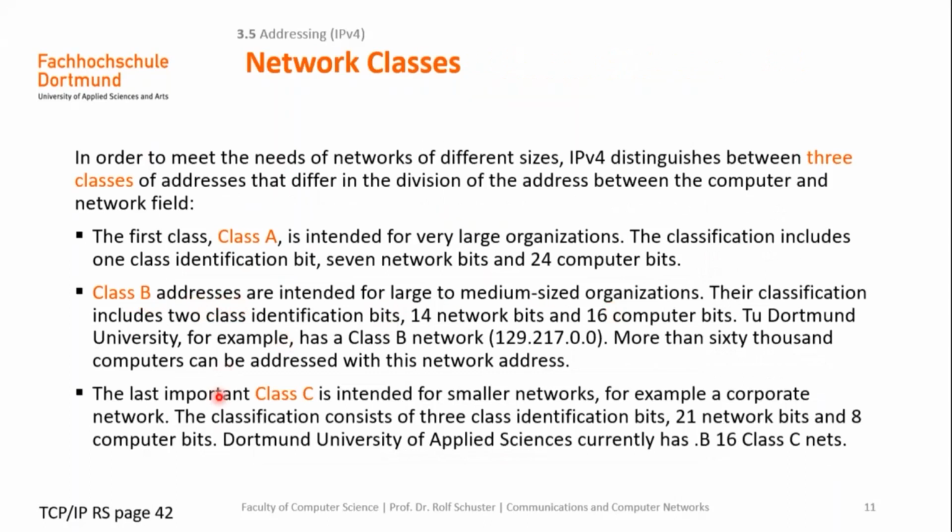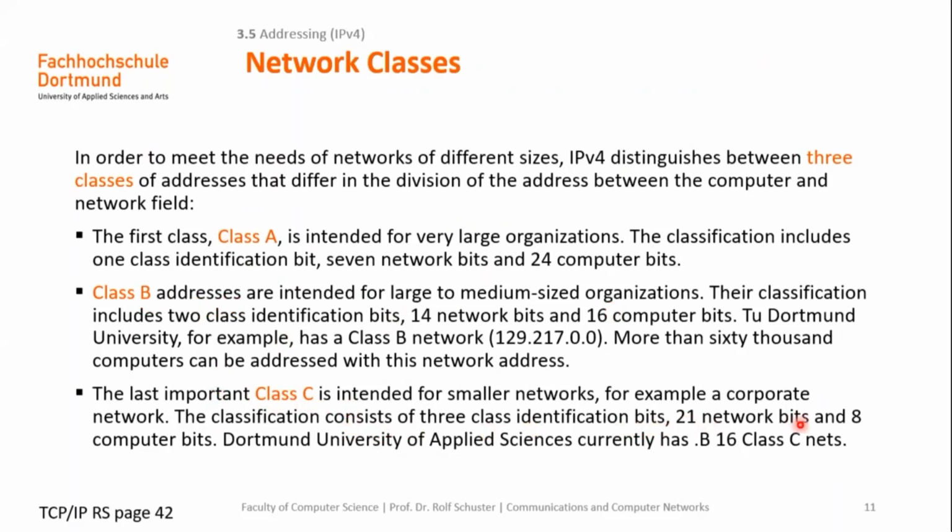The last important class is class C, intended for smaller networks, for example, a corporate network. The classification consists of 3 class identification bits, 1, 1 and 0, 21 network bits, and 8 computer bits.